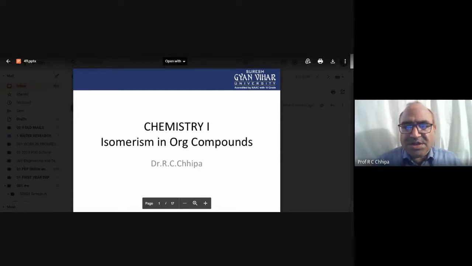Groups 1 and 2 are the alkali and alkaline earth metals, and groups 3 to 12 are the transition metals. Then we have groups 13 and 14. Group 14, which contains carbon, has 4 electrons present.